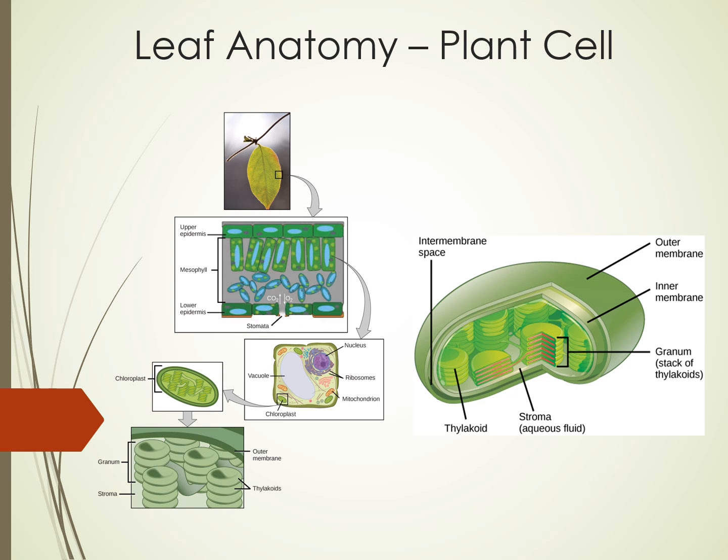These stacks are called granum, or grana for plural, and are surrounded by a liquid called stroma. These two parts of the chloroplasts, the thylakoid and the stroma, will be important in the two phases of photosynthesis, the light-dependent and the light-independent reactions.